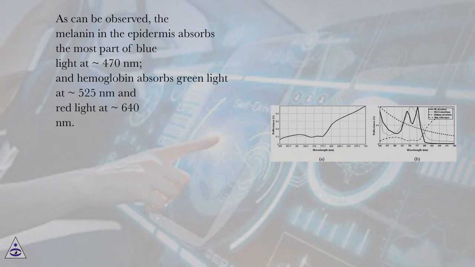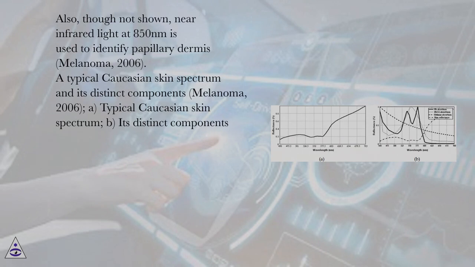As can be observed, the melanin in the epidermis absorbs the most part of blue light at 470 nanometers, and hemoglobin absorbs green light at 525 nanometers and red light at 640 nanometers. Also, though not shown, near-infrared light at 850 nanometers is used to identify papillary dermis (Melanoma, 2006).